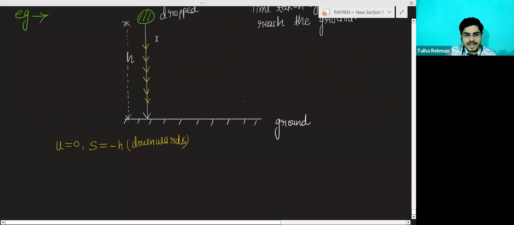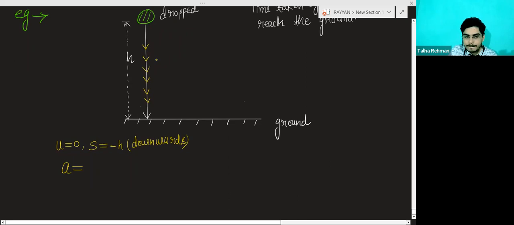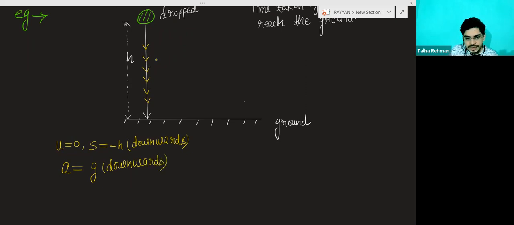And what is the acceleration of the ball? It is the acceleration due to gravity, that is g, and g is always in the downward direction. That is why you will take g also as negative.